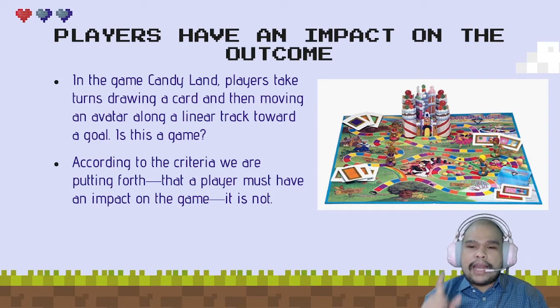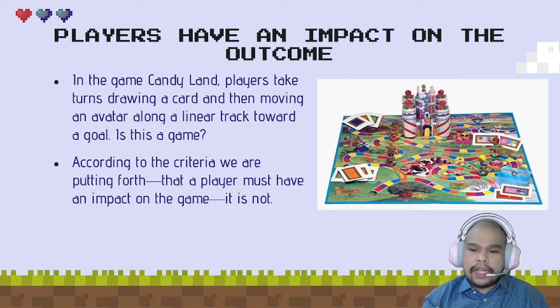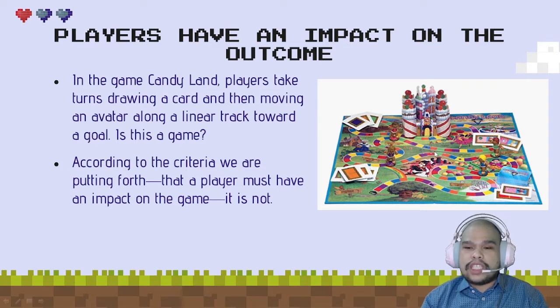So, ibig sabihin, 4 man yung player na naglalaro dito sa game na to, or isa lang yung naglalaro, halimbawa, isang player lang, parang siya yung naglalaro doon sa 4. The game will still proceed. The game most probably will still have the same process.